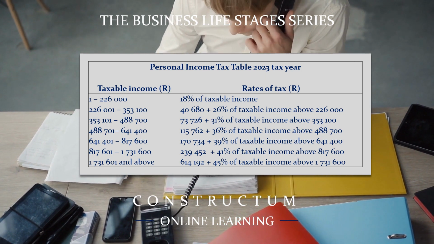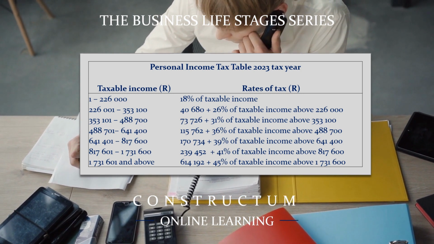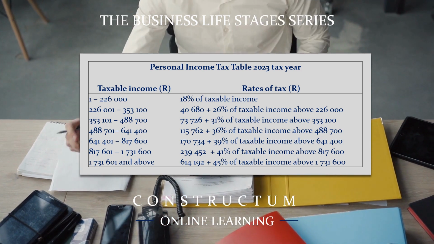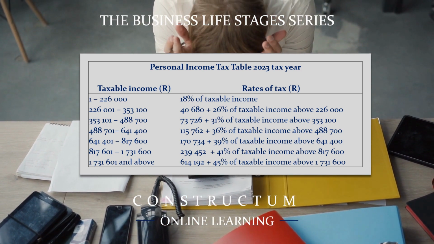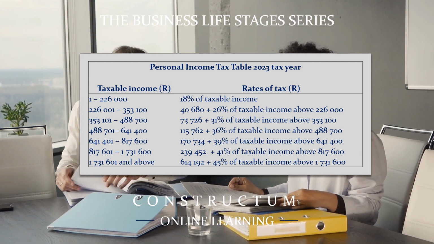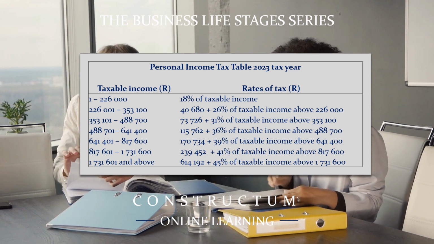From the table, you can see that a person earning, say, 180,000 Rand for the year or 15,000 Rand per month will be liable for a tax rate of 18%. So a total tax liability of 32,400 Rand or 18% would apply.